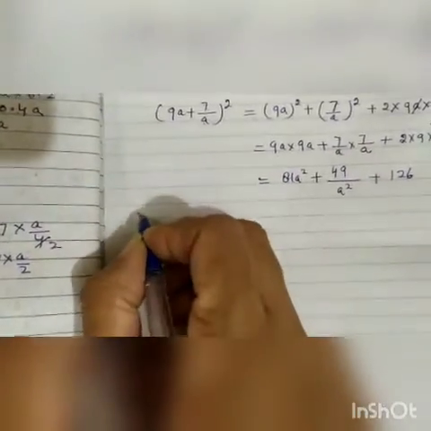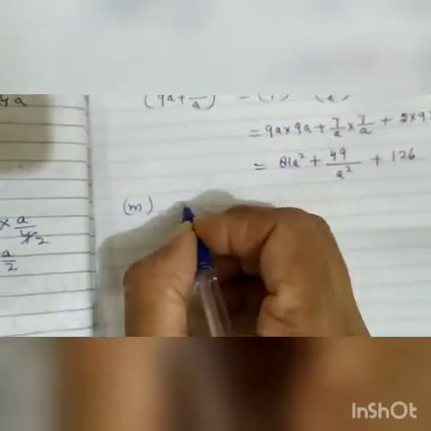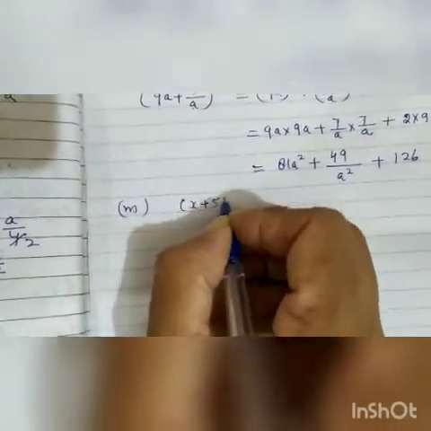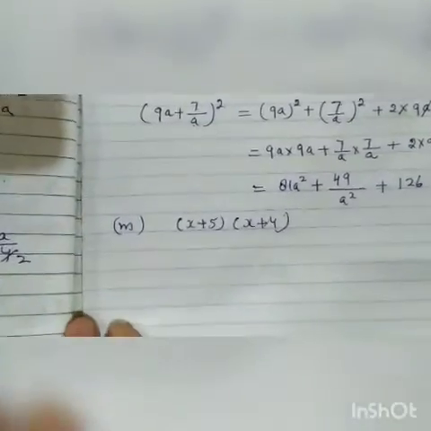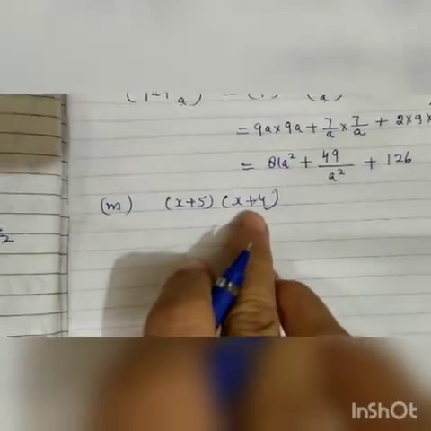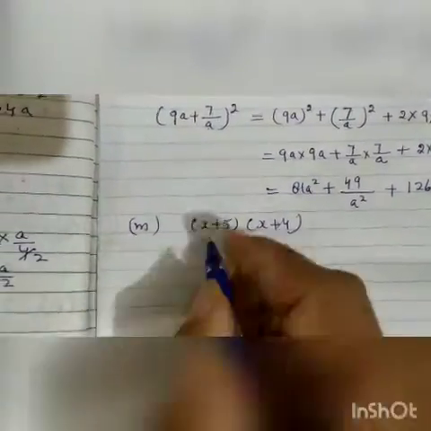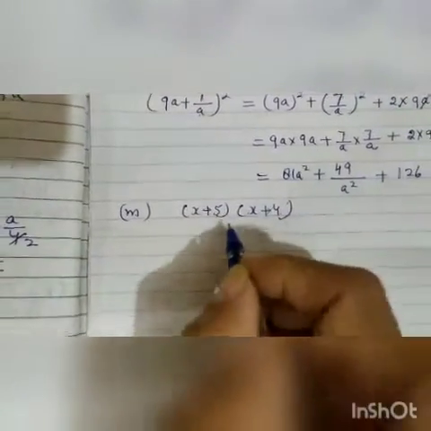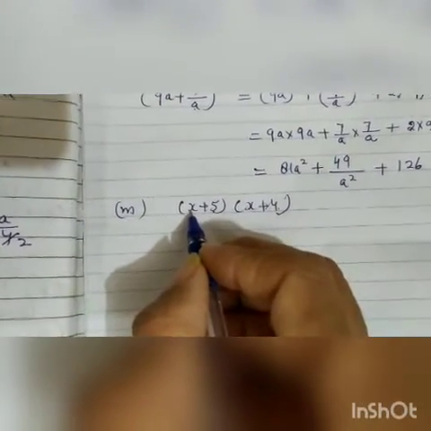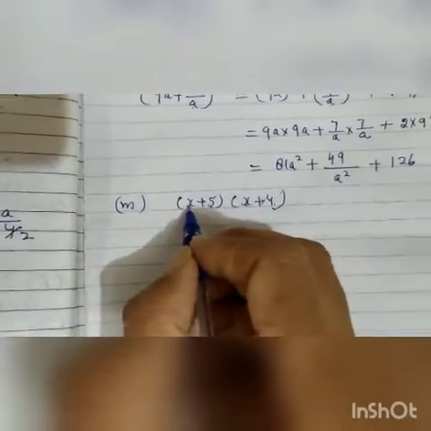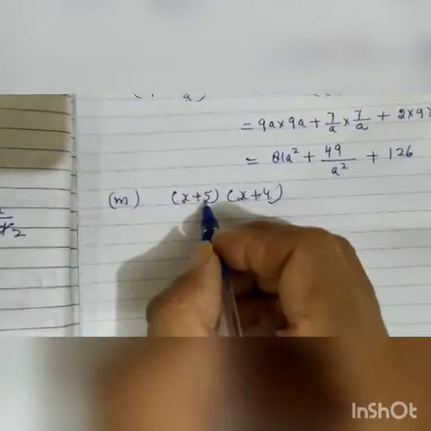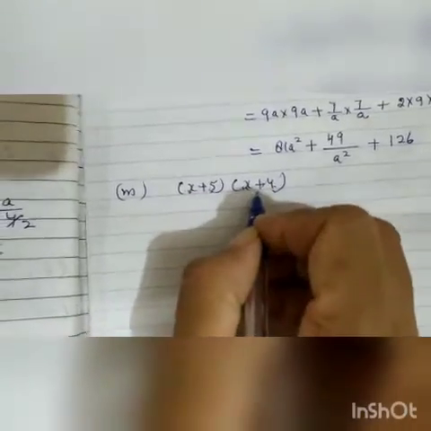Now next is M. M is (x plus 5) into (x plus 4). Yes students, this is a different type of question. You are observing that the first term of both the brackets is the same, this is x, this is also x, but the second terms of both the brackets are different.